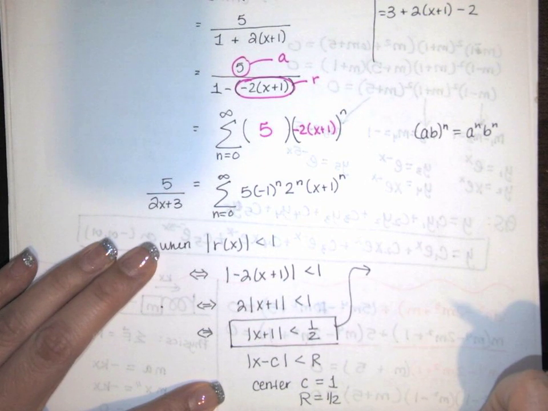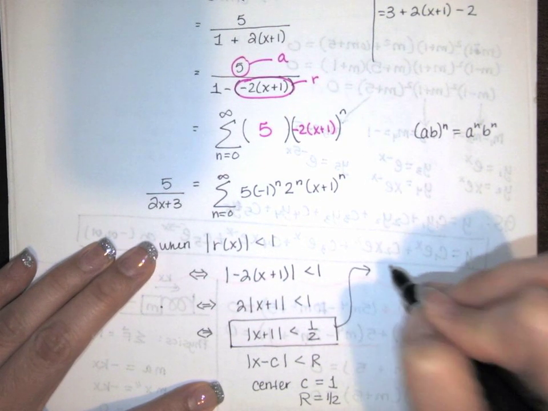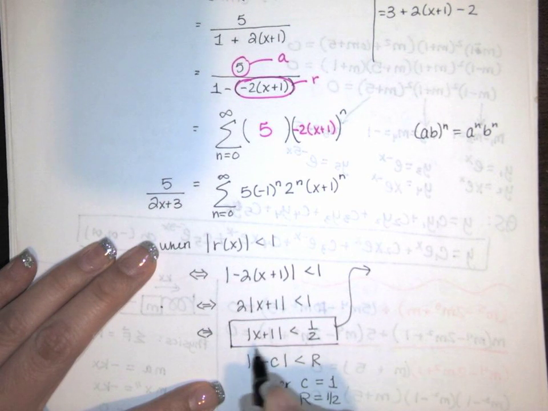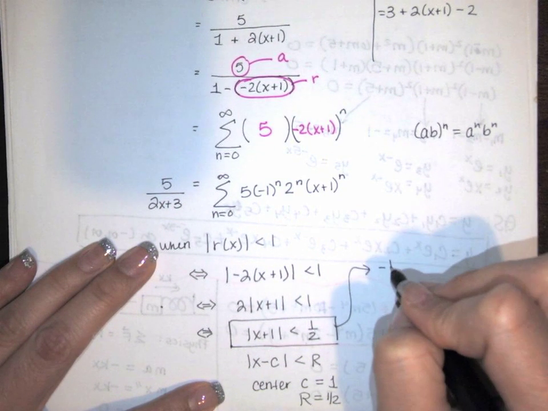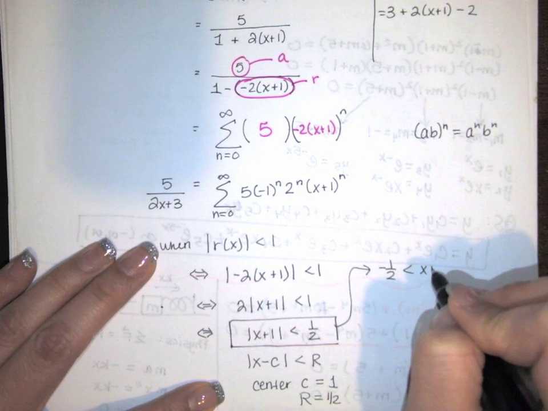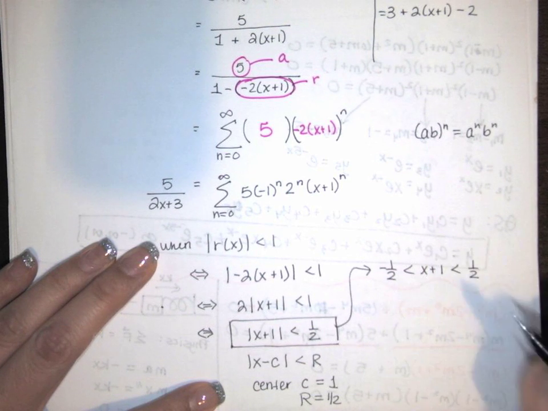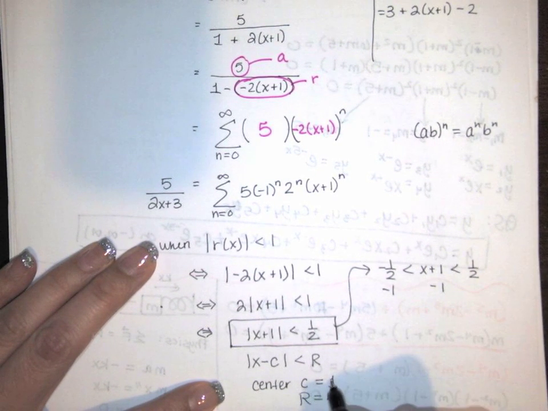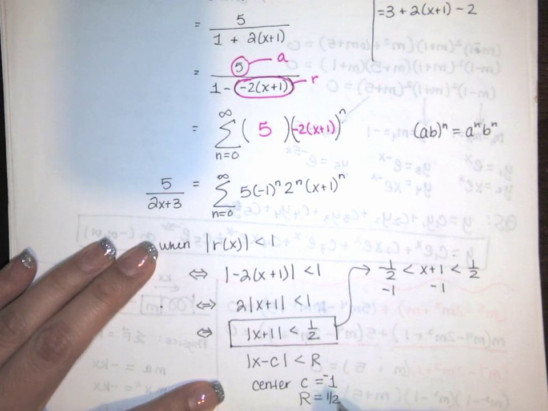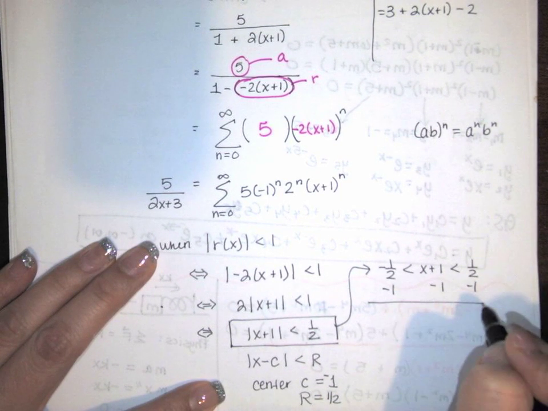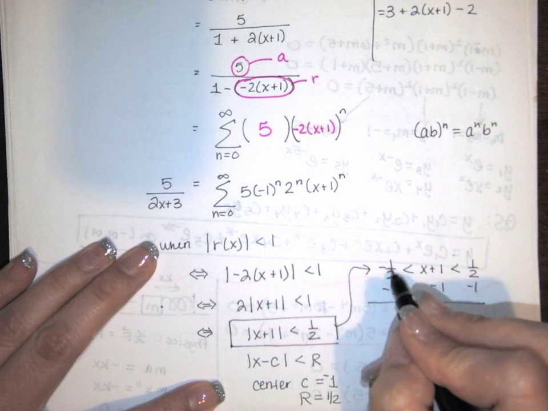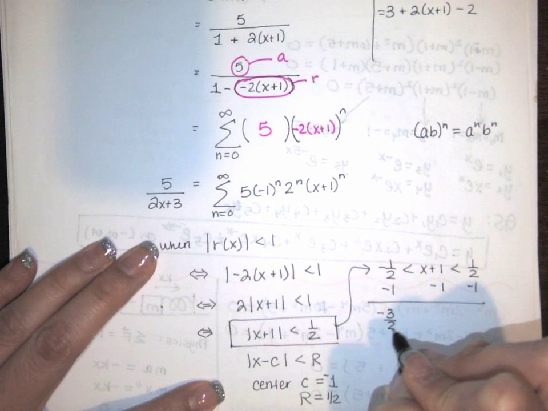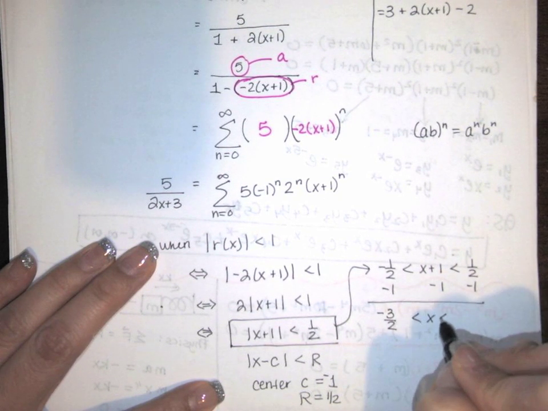Or you can just solve the absolute value inequality. If x plus 1 has a distance from 0 that's less than 1/2, then x plus 1 has to be between negative 1/2 and 1/2. So we'll subtract 1 from all 3 parts. Oops, I said c was positive 1, it's actually negative 1. And we get negative 1/2 minus 2 over 2 is minus 3 over 2, or negative 1.5 if you prefer.